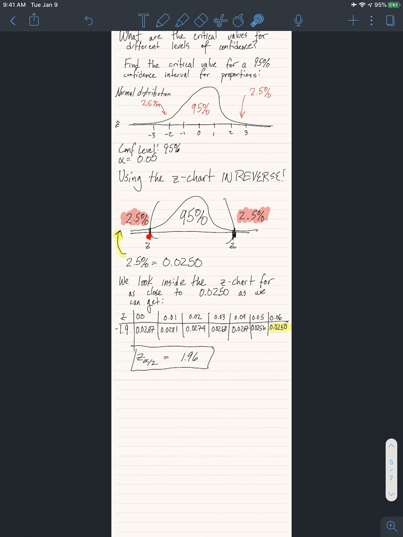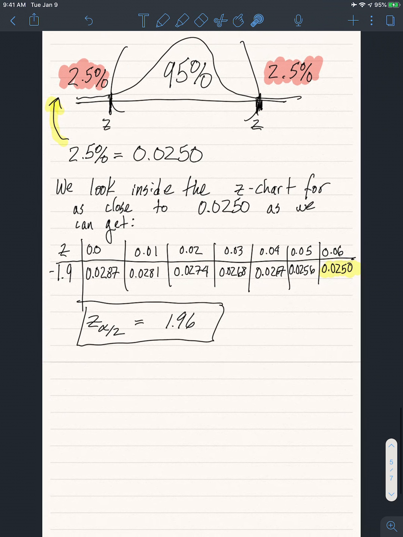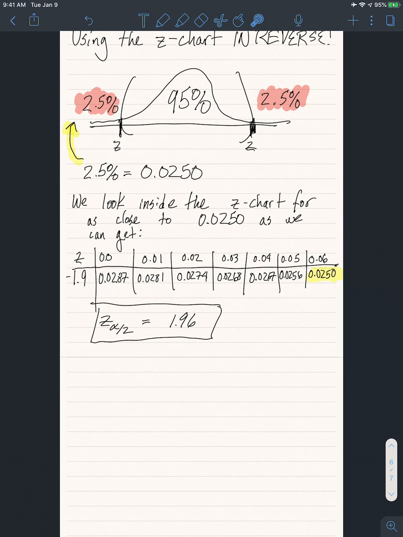And the z-score in the chart that leaves 2.5% below and 2.5% above is negative 1.96. We see that by looking inside the chart for as close to that 2.5% as possible, which gets it exactly at negative 1.96, which means our critical value is 1.96. And like I said, you can leave it negative if you want. It's not going to hurt anything, but for some reason we like keeping everything positive.